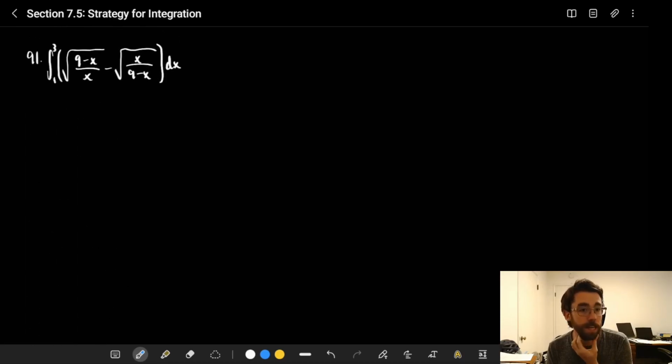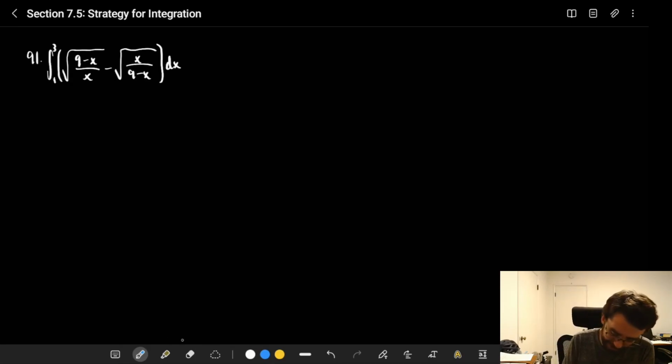That looks insane. I really hated writing that because I have no idea how to do it. Multiply by conjugate? I mean, let's see what that looks like. Oh, this is ugly.